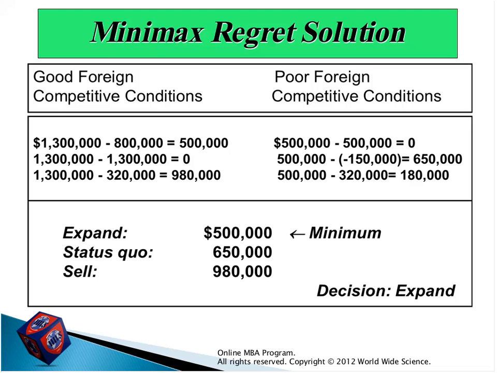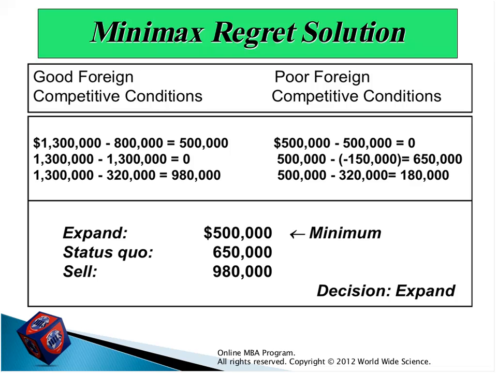Okay. Minimax regret. When you produce the new results, now you should select the maximum number for each decision, because minimax means minimum of maximums. When you say minimum of maximums, the second word is maximum. At first, you should select the maximum, then you determine the minimum.